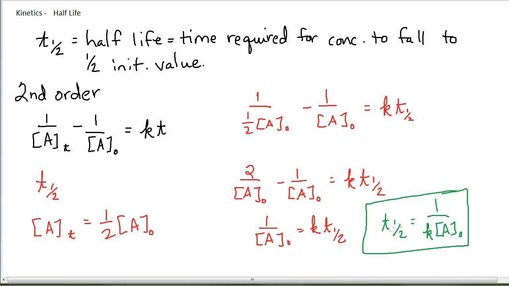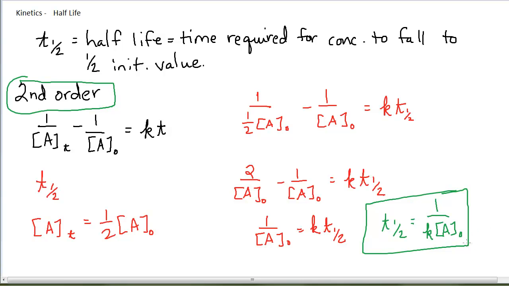Finally we have an equation for the half-life of a second-order process. We specified that we're talking about a second-order process, or else this equation doesn't work. Our half-life is calculated as 1 divided by the rate constant, also divided by the initial concentration of your starting material. So the half-life is going to change depending on what your starting material is.